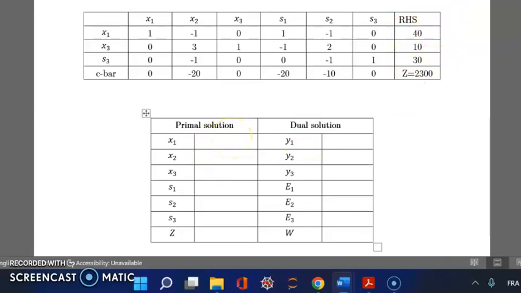So x1 is in the basis and its value is 40. x2 is not in the basis, so its value is 0. x3 is in the basis and its value is 10. s1 is not in the basis, so it's 0. s2 is also not in the basis. s3 is equal to 30 and z is equal to 2300.